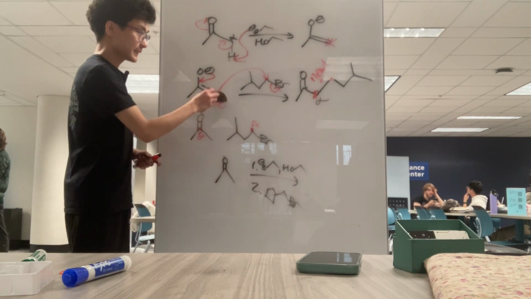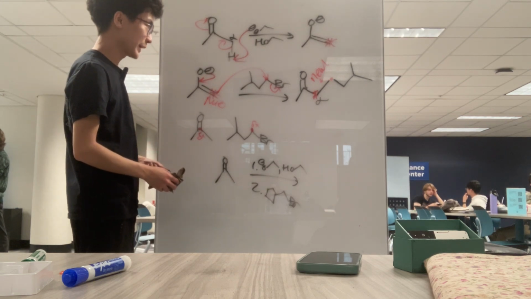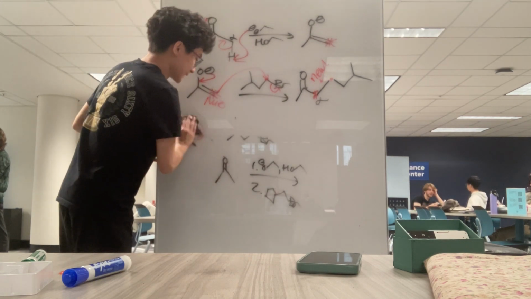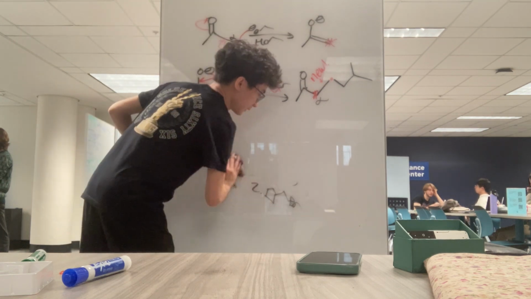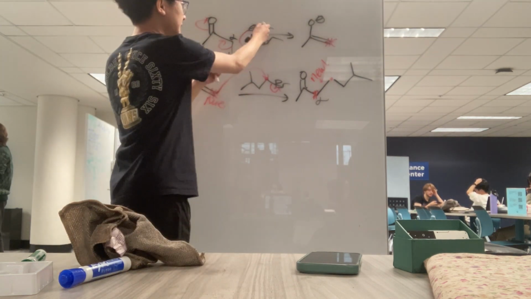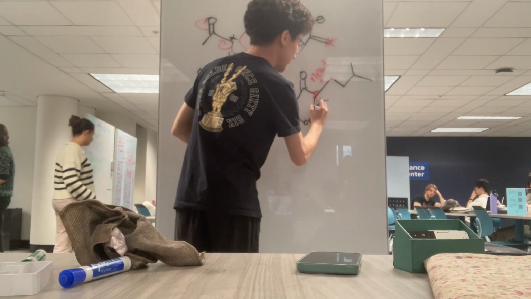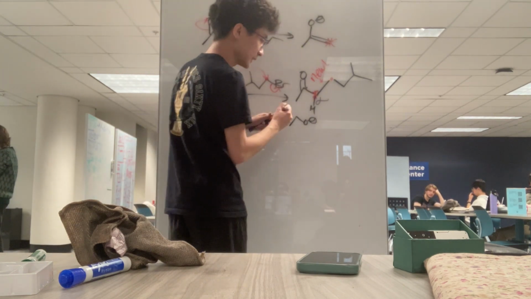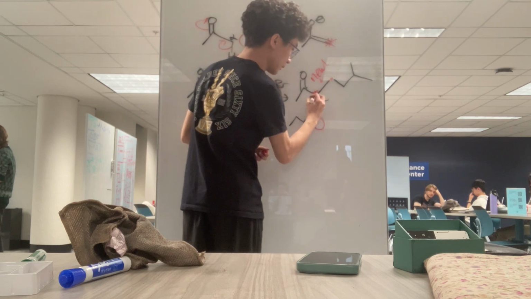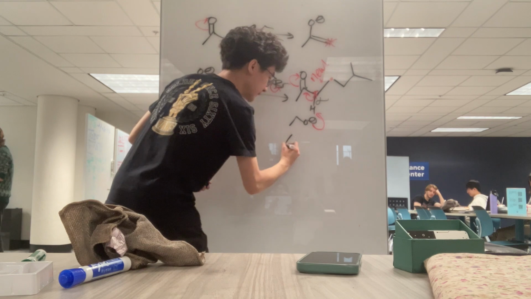Now, this could be shown in an explanation problem, right? Because even if you have this right here, if you have an excess amount of base, we can deprotonate another alpha hydrogen and generate another enolate ion.